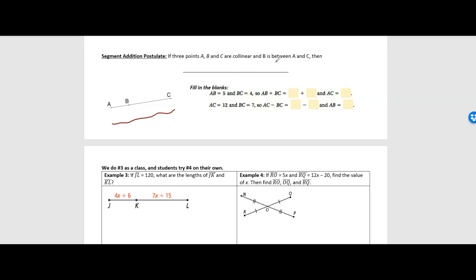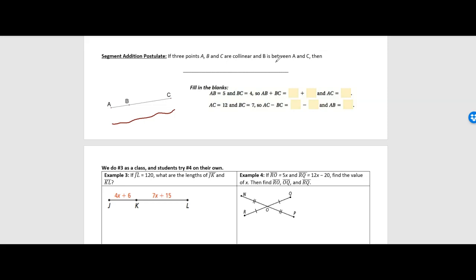Let's think about taking a pencil or a pen in your hand. In my hand, currently, I'm holding a green Papermate Flair pen, and all I did was take the cap off. So if I take the cap off, the segment addition postulate says, if I put 2 pieces of a segment back together, then it's going to equal the whole segment.